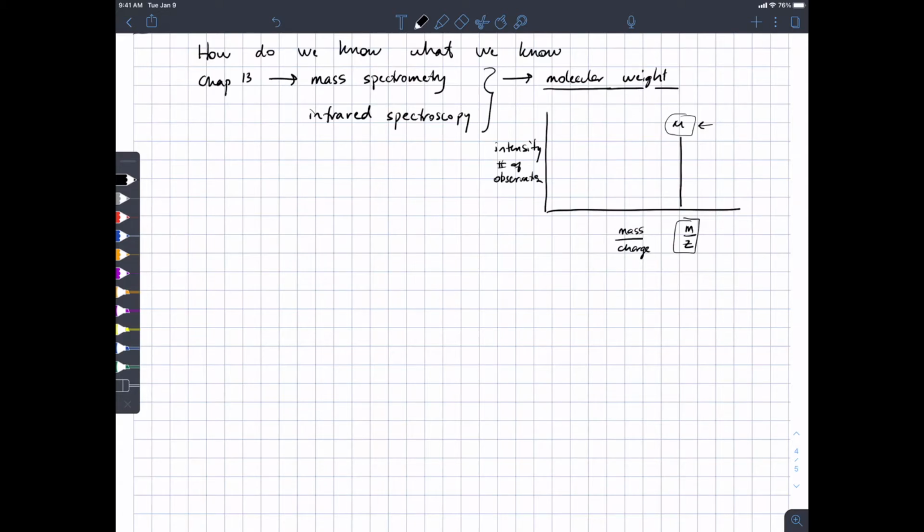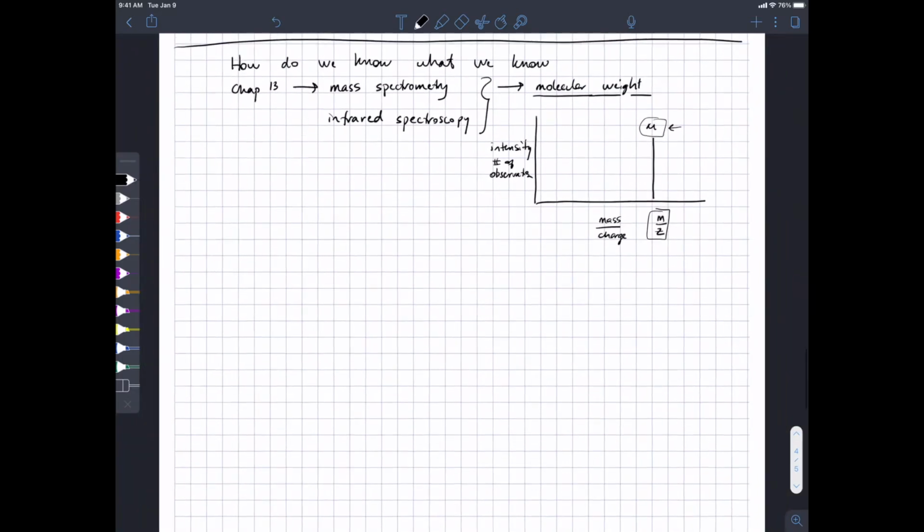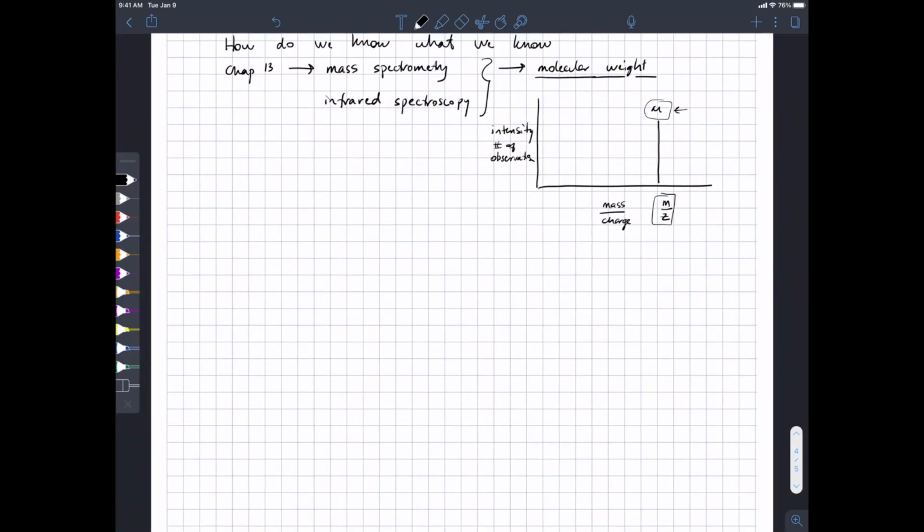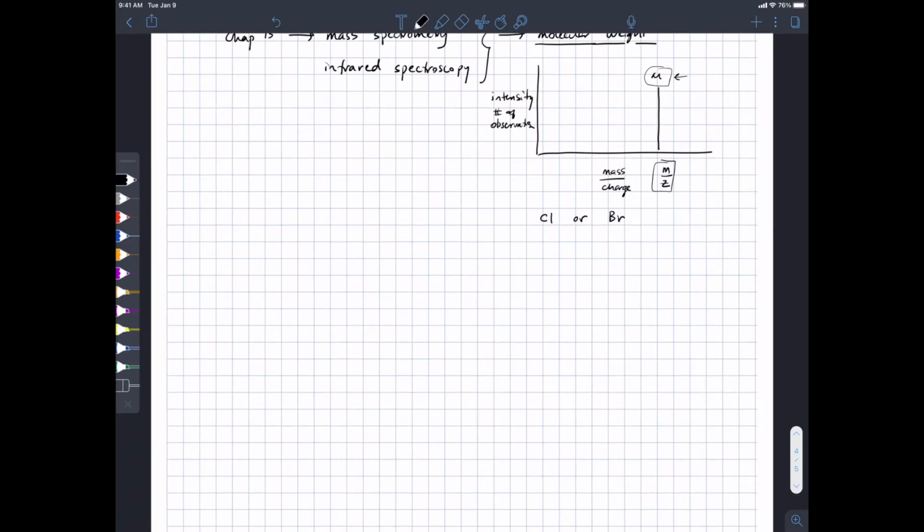You should still do the Chapter 13 study guide. There are a couple of things about mass spec to pay attention to. One is the characteristic pattern in molecules that have chlorine or bromine. For chlorine, you have two different isotopes available to you, chlorine 35 and chlorine 37. For bromine, I forget what the isotopes are, but they're also two mass units apart.